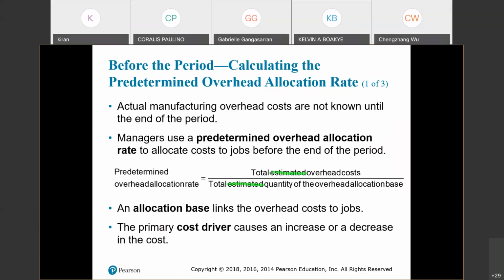This is a relationship between the overhead cost and the allocation base. The higher the quantity of the allocation base, the higher the overhead cost, and vice versa.